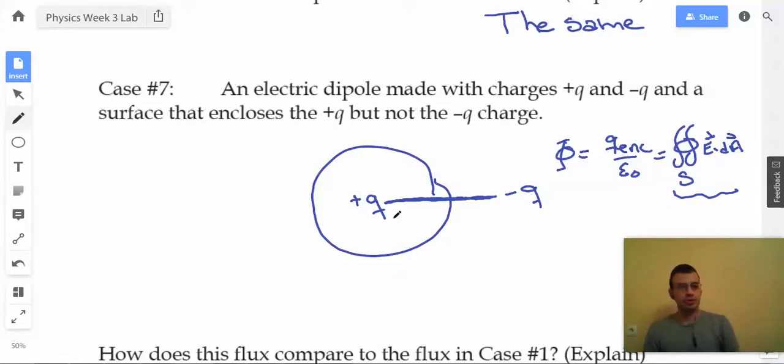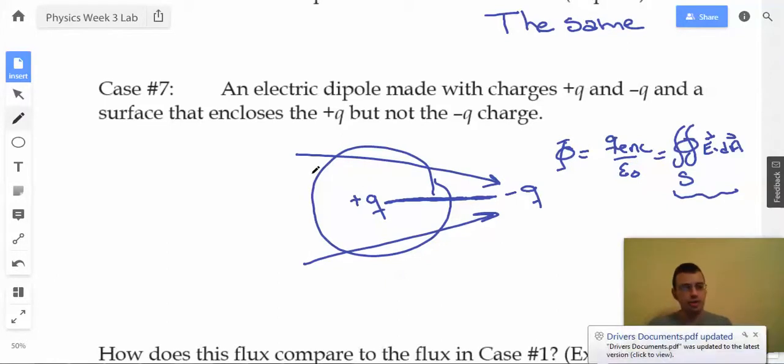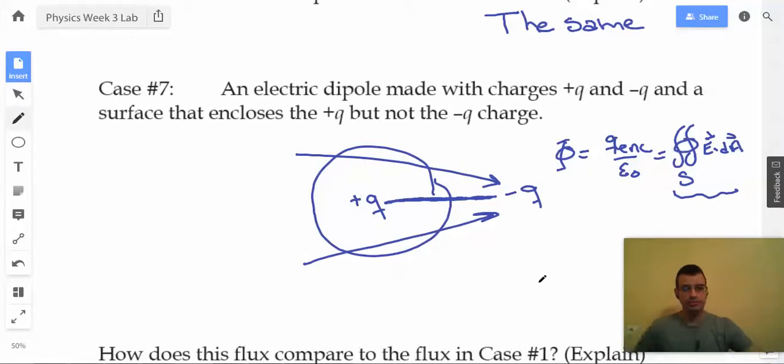But we know Q enclosed is positive. As I said earlier, the electric field lines with negative Q are going to both pass in and out of the shape, so the negative Q will have no influence. So the positive Q, Q enclosed over epsilon naught, will be positive, therefore positive flux.